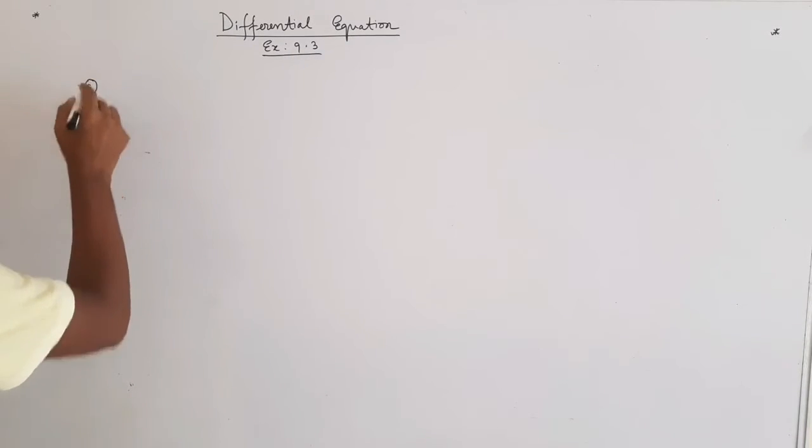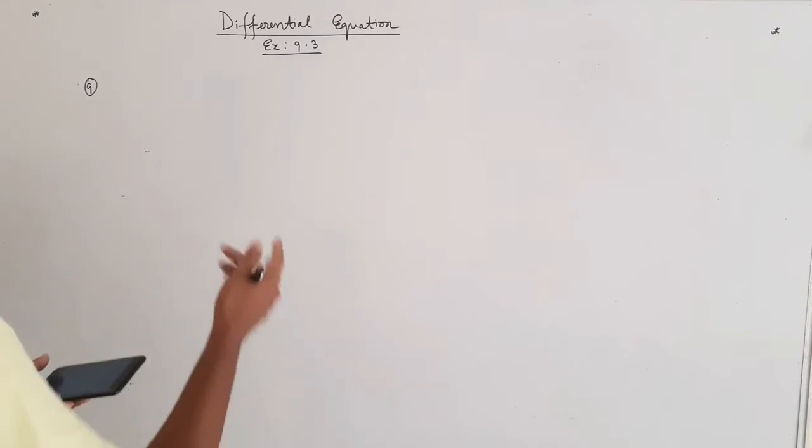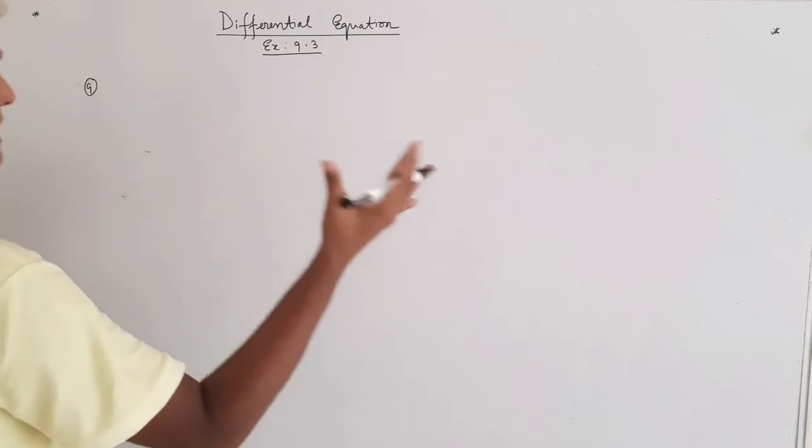Now question number 9. It says form the differential equations of the families of the hyperbolas having the foci on the x-axis and center at the origin. So drawing a diagram is not necessary.